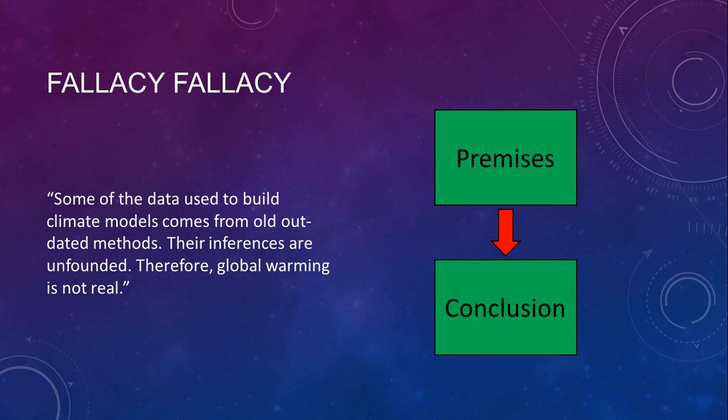Yeah. So I tend to go on the side of fallacy here, right? They're saying some of the inferences that lead us to believe that global warming is happening are unfounded. Even if that's true, so even if we suppose that that premise is correct, does that entail that it's not happening? No. Right?